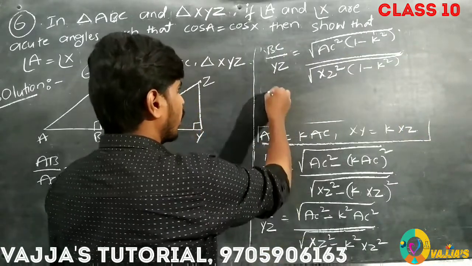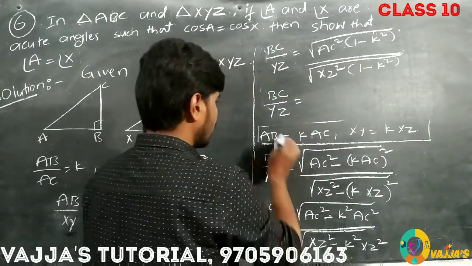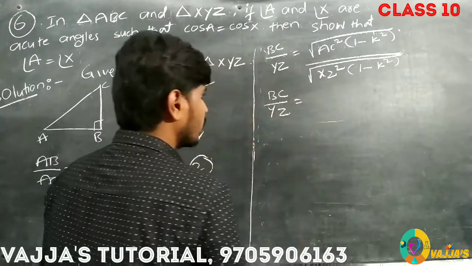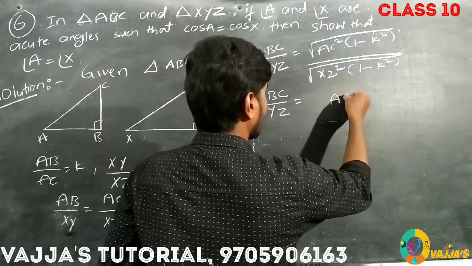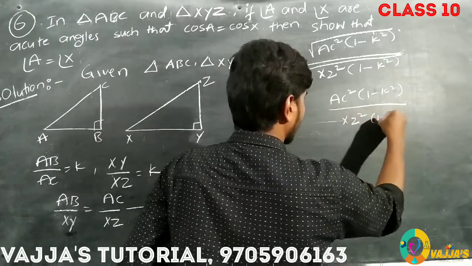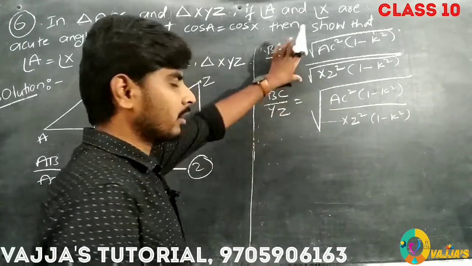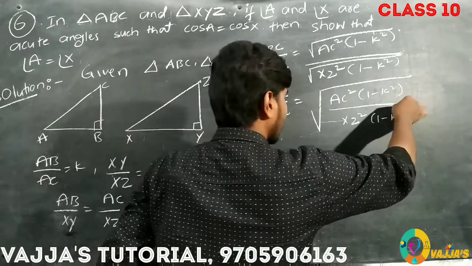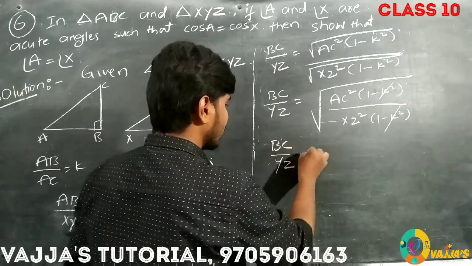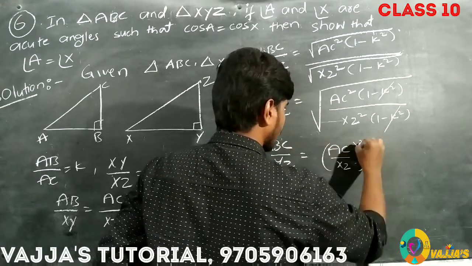So AC square into 1 minus K square by XZ square into 1 minus K square whole root. Can we write like that? Yes. This 1 minus K square and 1 minus K square get cancelled here. BC by YZ is equal to the remaining AC by XZ whole square root.